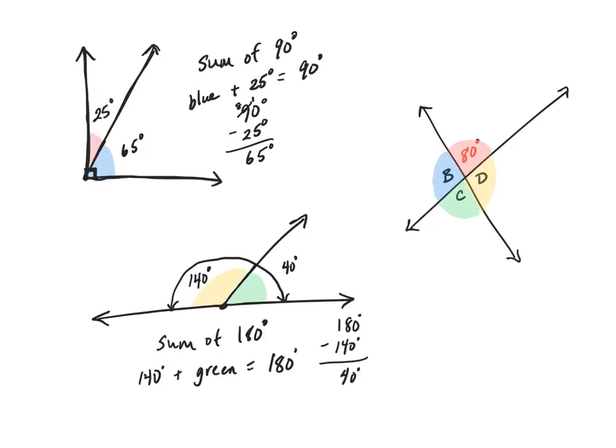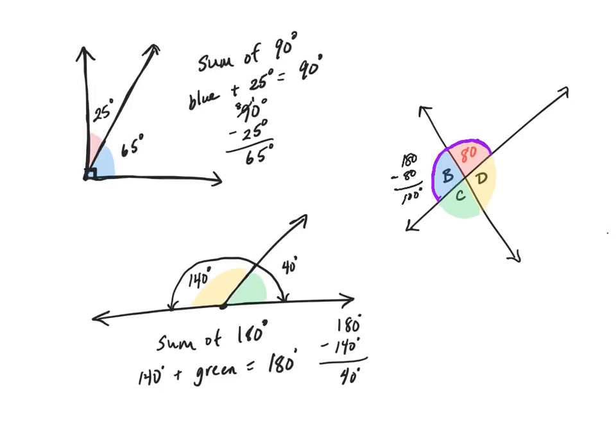The red angle is also adjacent to the yellow angle, angle D. In addition to that, the red angle and the blue angle form a 180 degree straight angle. So they are said to be supplementary. I know that supplementary angles combine to equal 180 degrees. So I can take 180, get rid of the red angle, and I have the measure of angle B.